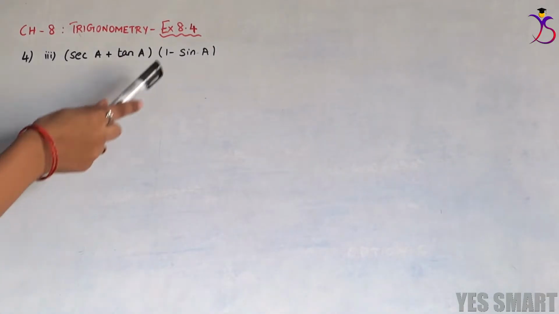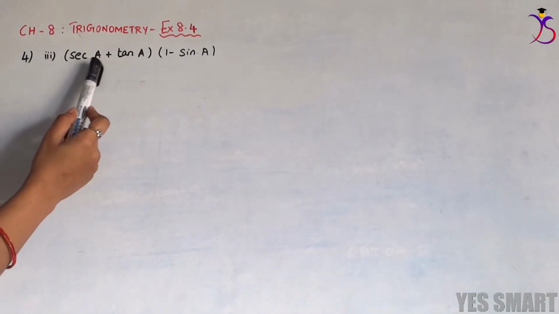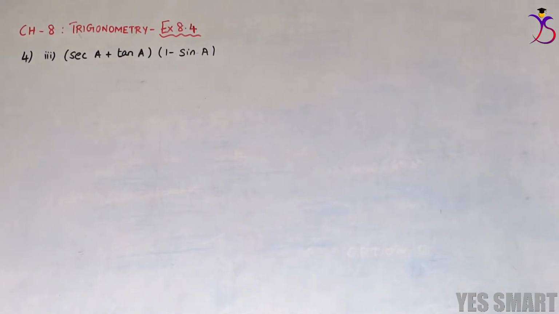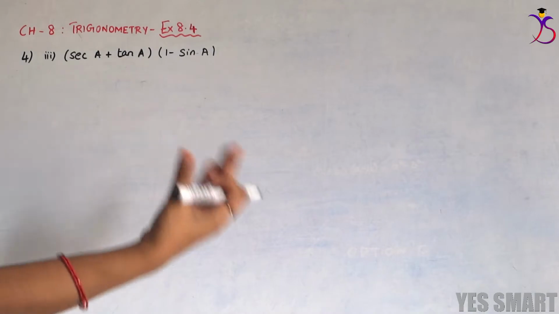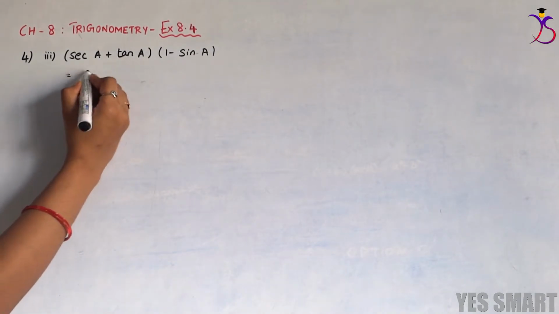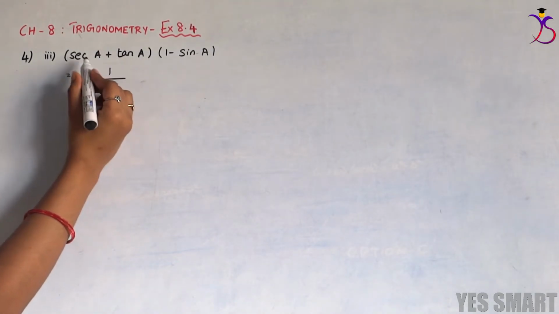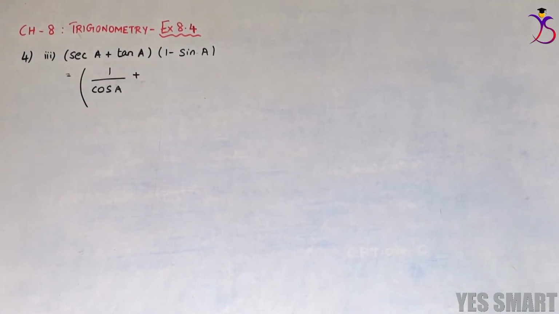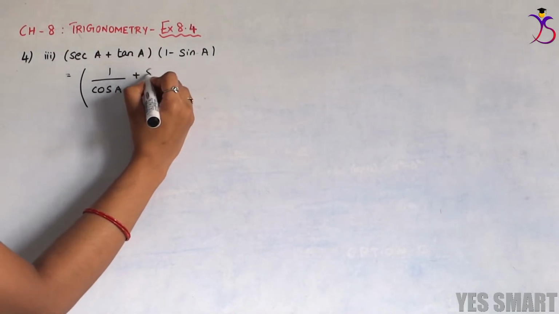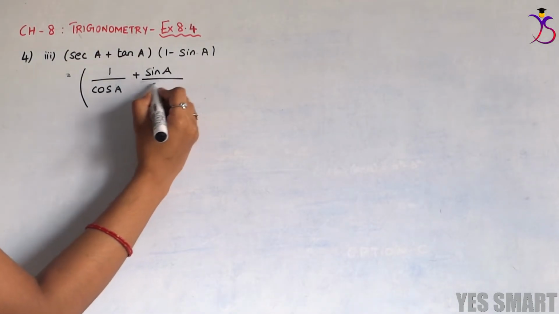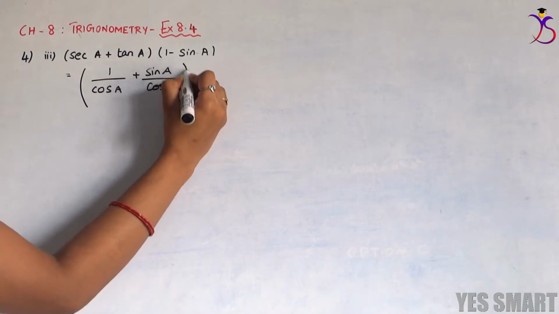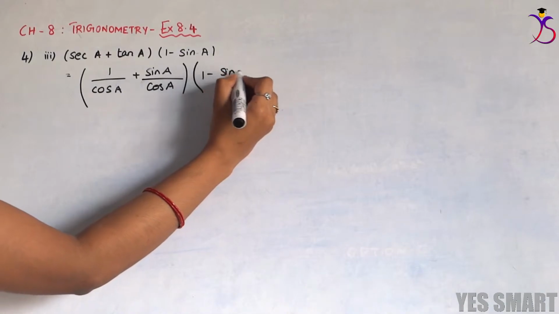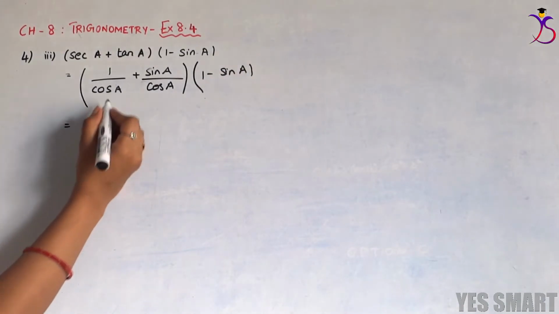Now moving on to the fourth sum, third subdivision, which is secant A plus tan A into 1 minus sin A. Now I am going to substitute the values and solve this. So secant A can be written as 1 by cos A plus tan A. Tan A can be written as sin A by cos A. And the second term I am just keeping as it is because it will be required to solve further.